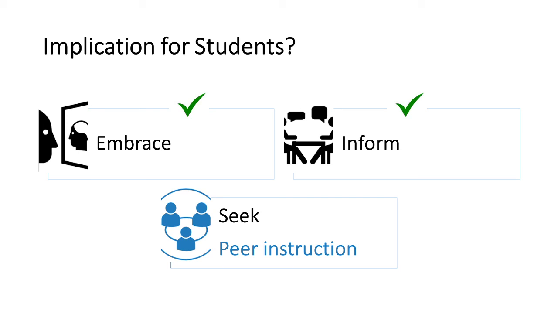More importantly, seek to learn from someone other than the teacher, because teachers are not the only source of knowledge. Seeking instruction from your fellow classmate is the best available alternative.